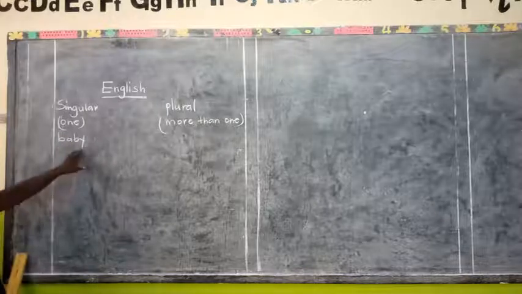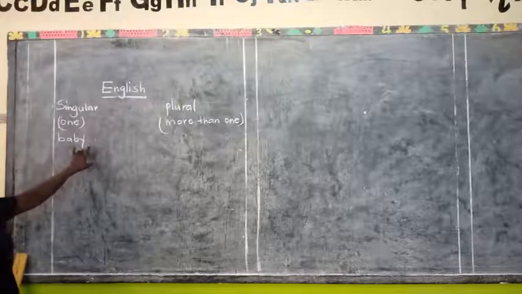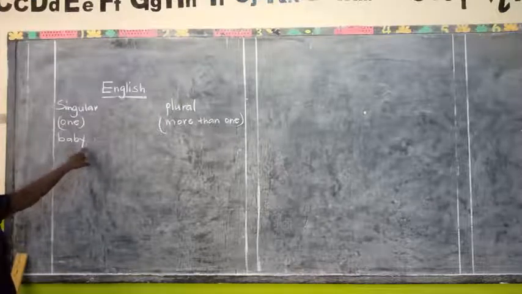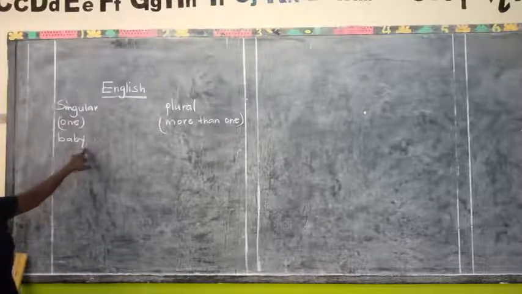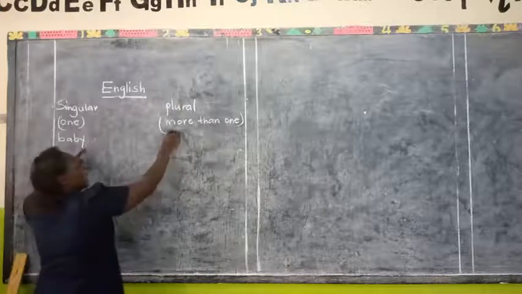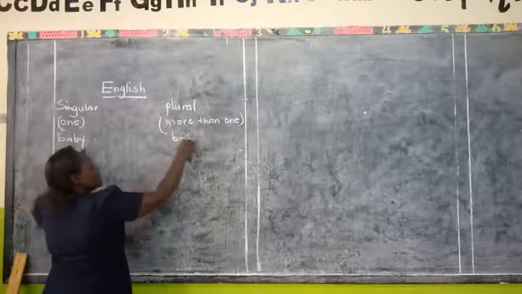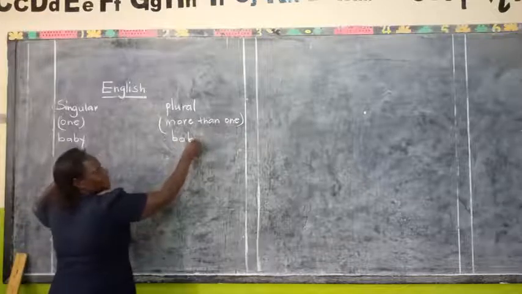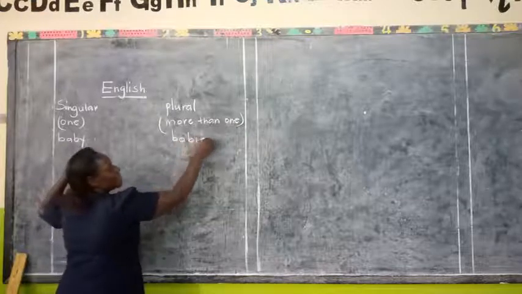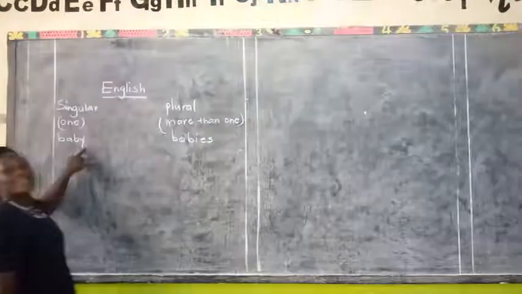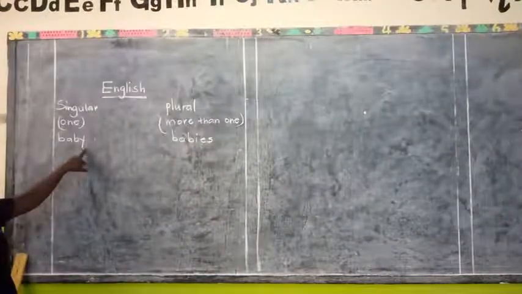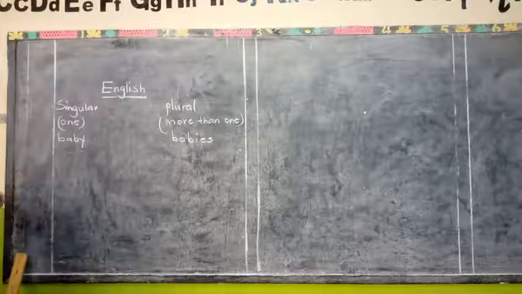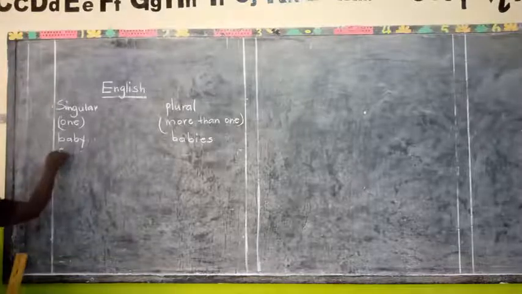We said that such a noun, when it is changing into plural form, we remove this letter Y and we replace it with IES. And then we have the word babies. Don't bring back your letter Y here. I emphasized that. Instead, you replace it with IES.